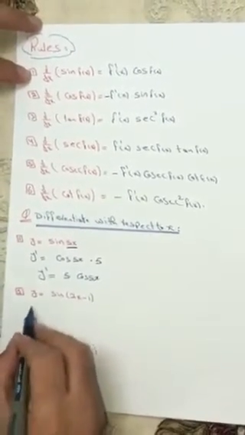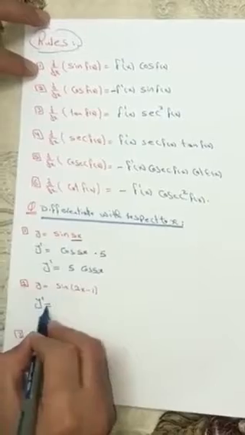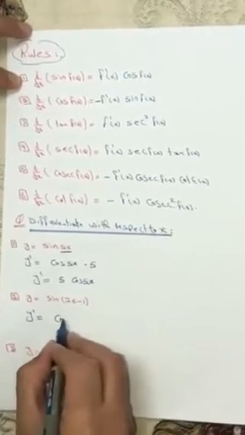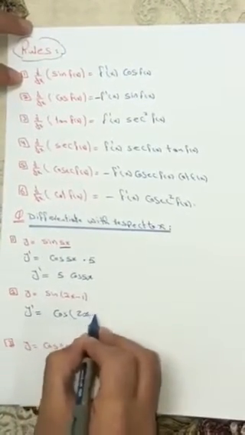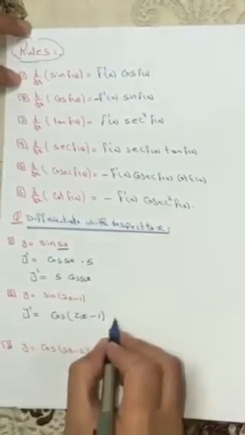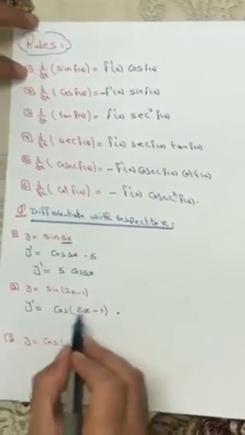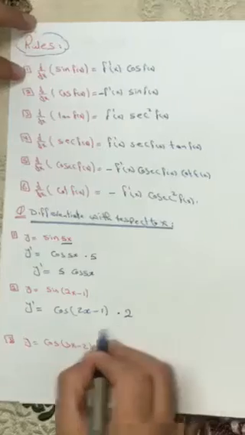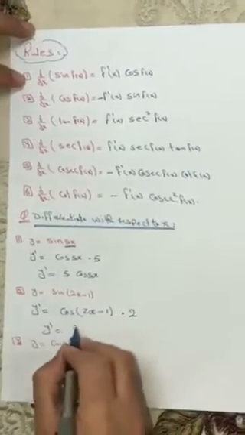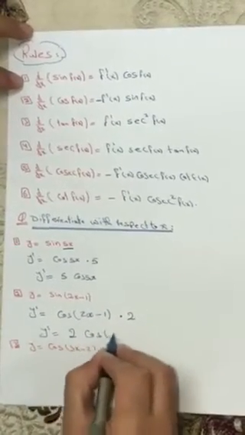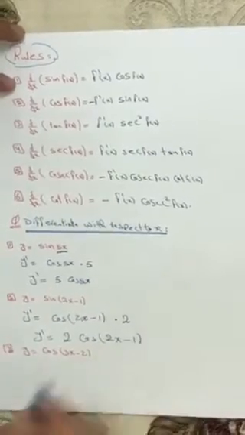Okay? Then question number 2, y dash equal derivative sine is cos 2x minus 1 multiply derivative of angle, derivative 2x minus 1 is 2. So y dash equal 2 cosine 2x minus 1.